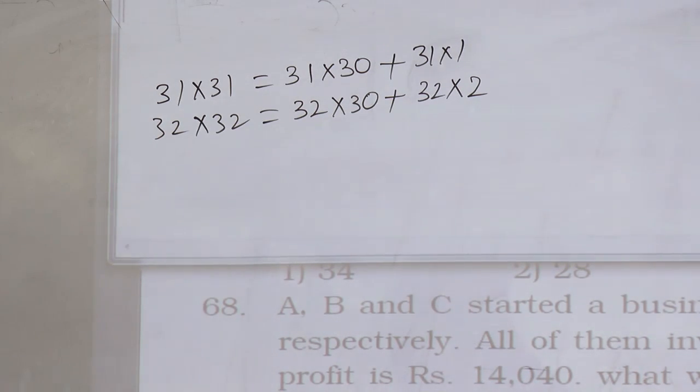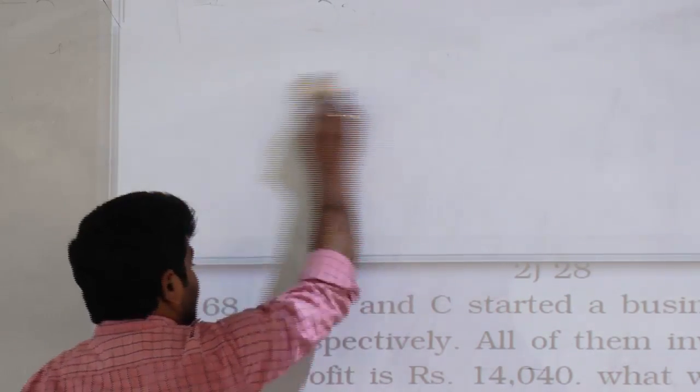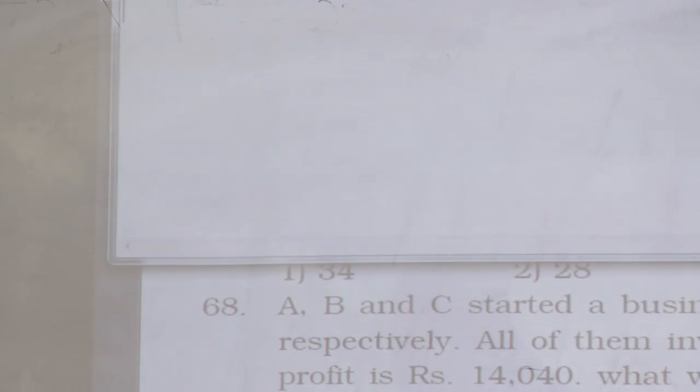ABC started a business by investing 6,300, 8,100, 11,700. All of them invested for an equal period of time. If C's share of annual profit is 14,040, what was the total annual profit earned? Right.